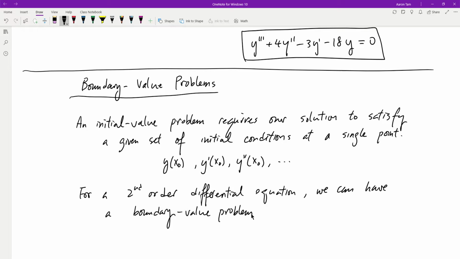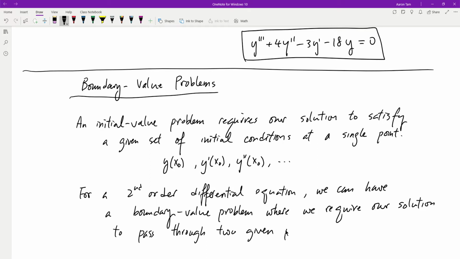And how is that different? We require our solution to pass through two given points, and these two given points are what we refer to as the boundary. Okay?